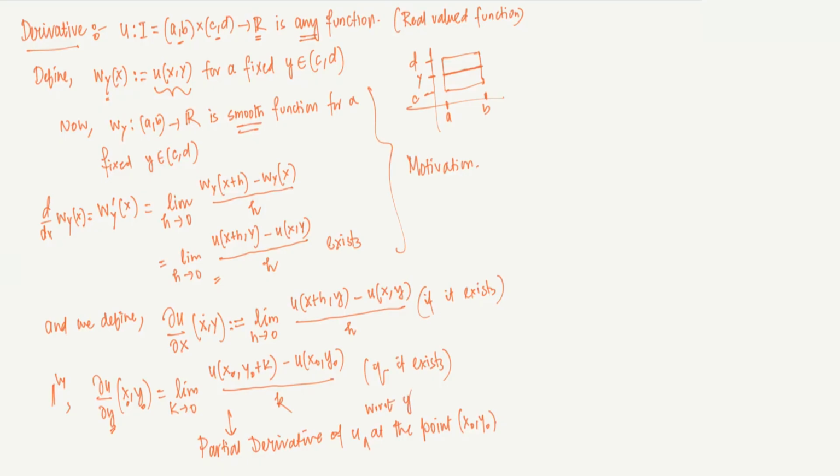I hope this is clear. Again, you can put x naught y naught here, absolutely no issues. So if you put it, it will look like this, x naught y naught. Is it okay? Just to avoid any confusion.